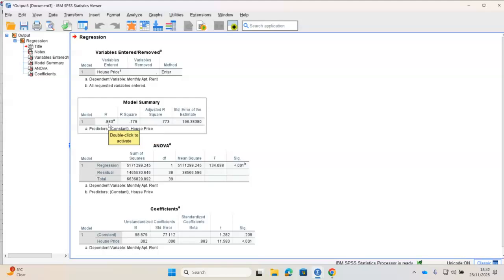So 0.883, what can you say? A strong positive relationship between the house prices and the monthly rent. If the points were going down, you would say strong negative relationship. But the points are going up, so you say strong positive relationship.